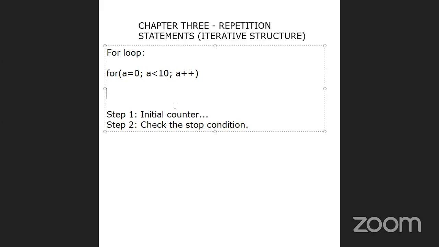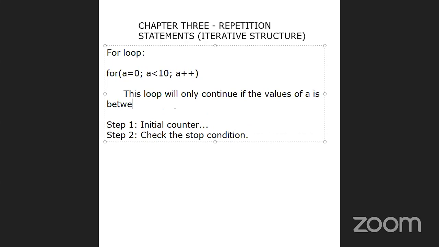So this loop will only continue if the values of A is between 0 and 10. So at any point you put a value that is greater than 10, the loop stops. Okay, it stops automatically. That's your stop condition you specify there.